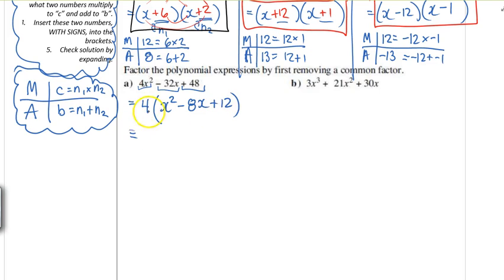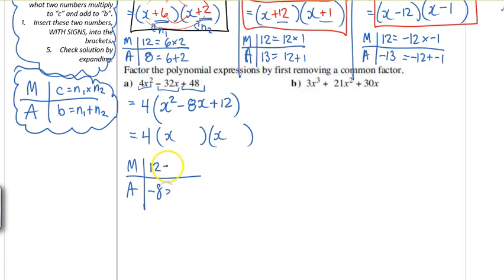Now what you're going to do when there's a GCF there is you just keep bringing it down. We still set the stage, x and x, and we now complete the multiply to add to table with just what's inside the brackets. So what multiplies to 12 and adds to negative 8?